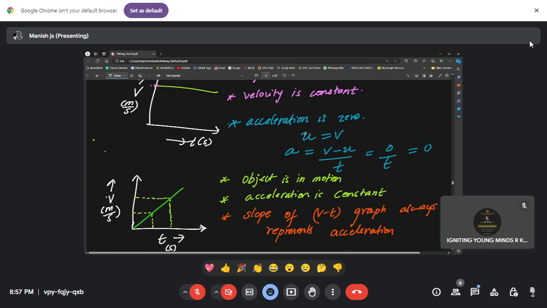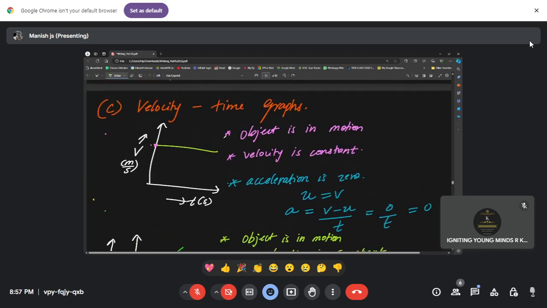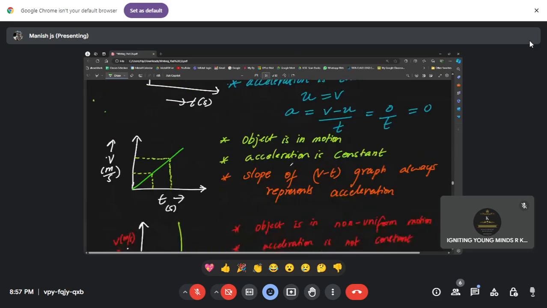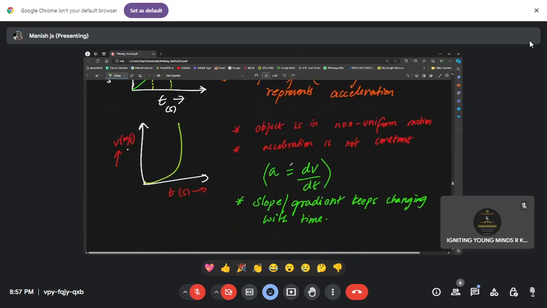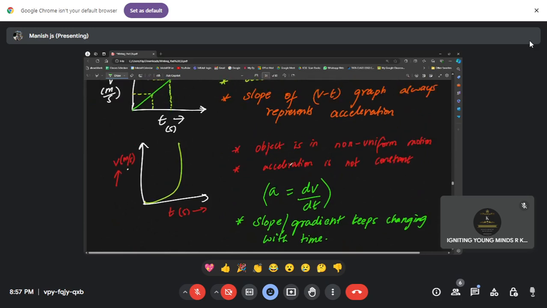So now we have learned the different types of velocity time graph. These are all the kinds of graphs, students, that you should be knowing. It's quite important. It plays an important role in competitive exams. That's the reason I have taken enough time and explained all the types of graphs in detail. We have ample questions based on graphs.